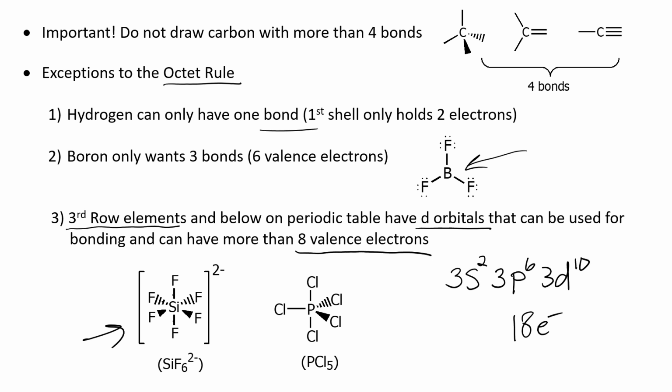I'm just trying to show you that sulfur in SF6 can have an excess of an octet. Phosphorus is also in the third period, which means it can exceed the octet rule. So we can have something like PCl5. We've got 2, 4, 6, 8, 10 valence electrons around phosphorus there.